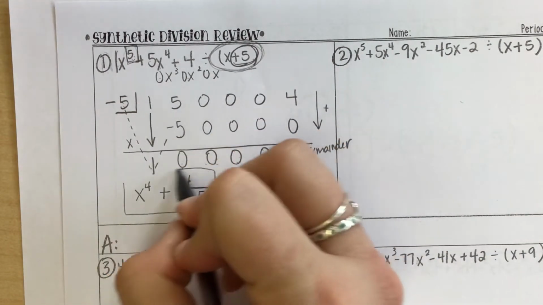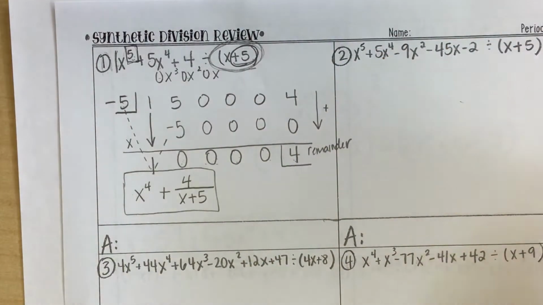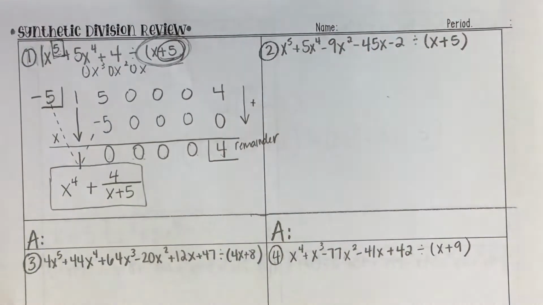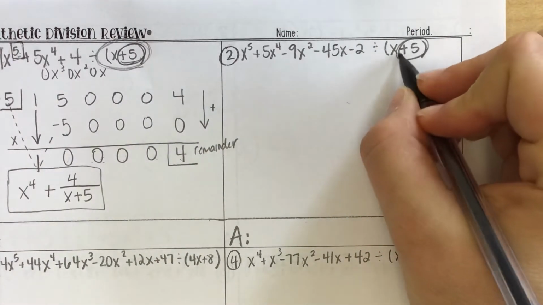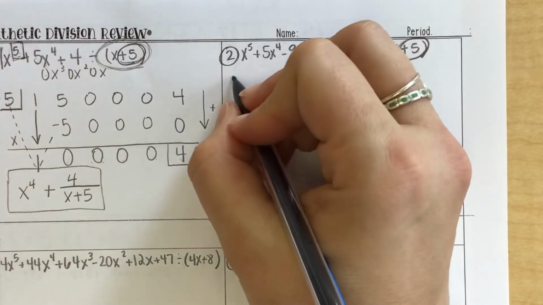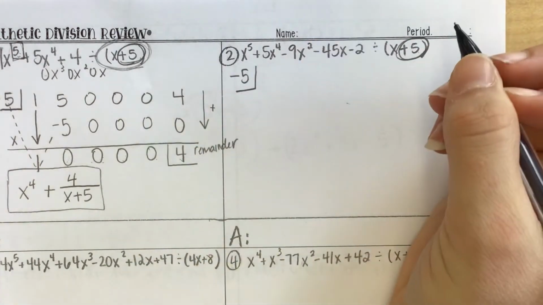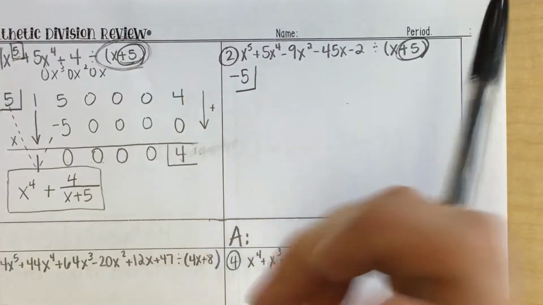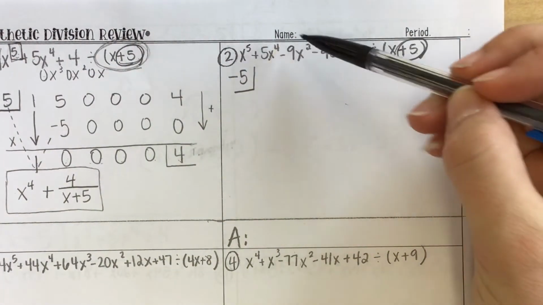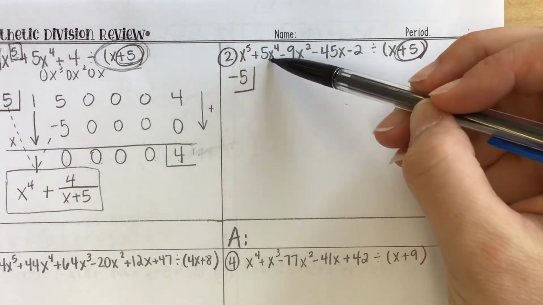That's your answer. Now, this was kind of a weird problem, so let's do a couple more before I have you try some. All right, so on this one, we're going to start here. This is a positive 5, so on the outside, I'm going to write negative 5. Okay, and then I'm going to check all of my terms here. I have x to the 5th, x to the 4th.